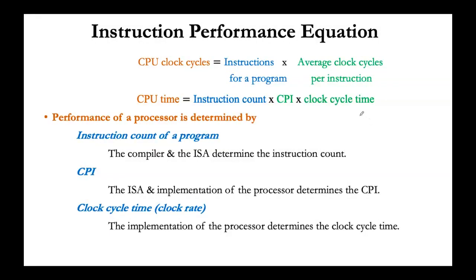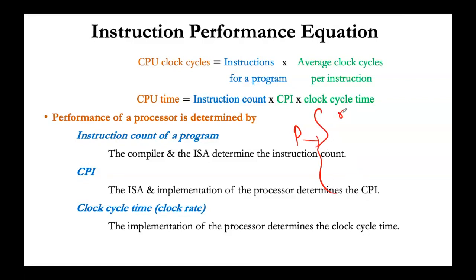Okay, so you can see I have a program. For the execution of this program by your CPU, how many instructions am I having? This program has a number of instructions.